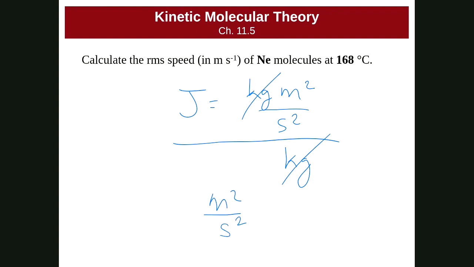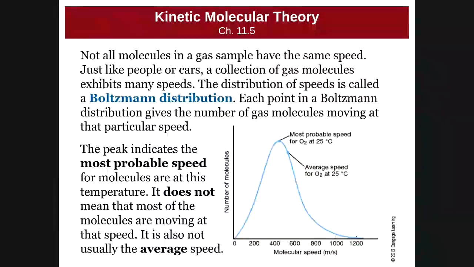But our calculation was all under a square root, so our final units were meters per second, which is what we were looking for. Not all molecules in a gas sample have the same speed, so that's why we keep talking about averages and not speed in particular or energy in particular.